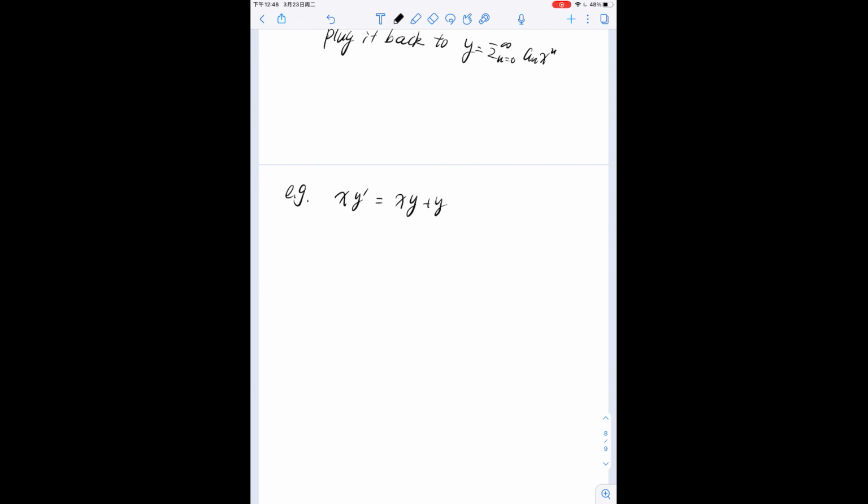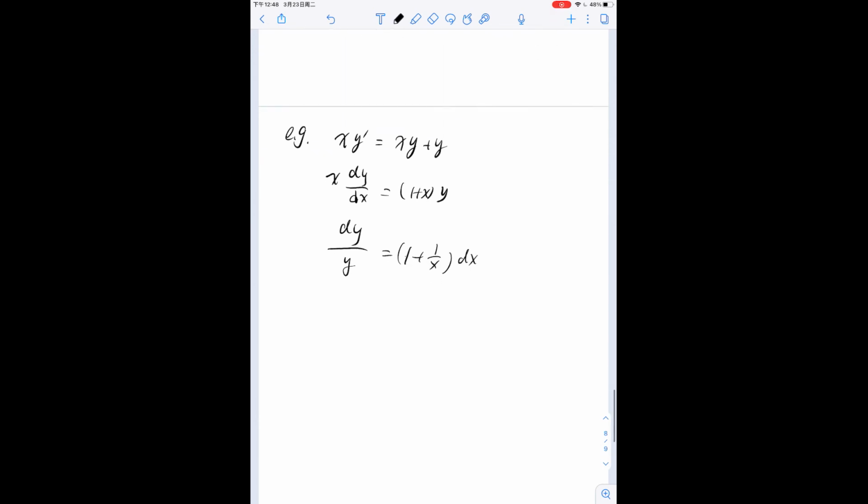For example, it looks like dy/dx equals 1 plus y, and with the separable method, we got this, and just doing an integral, we got this.